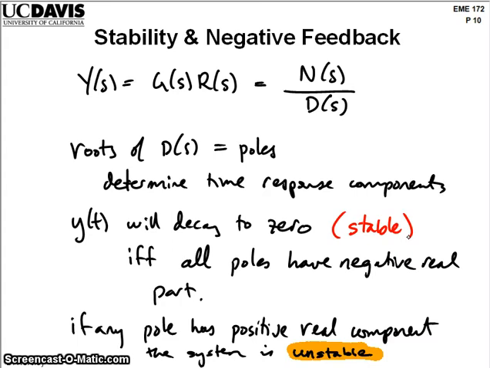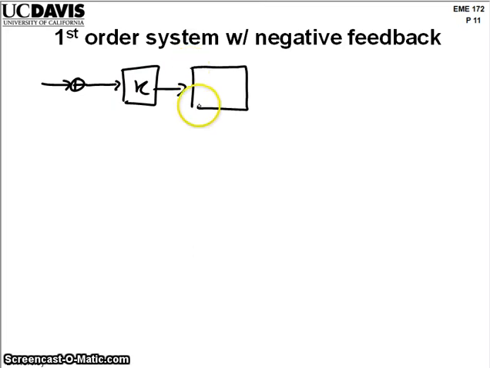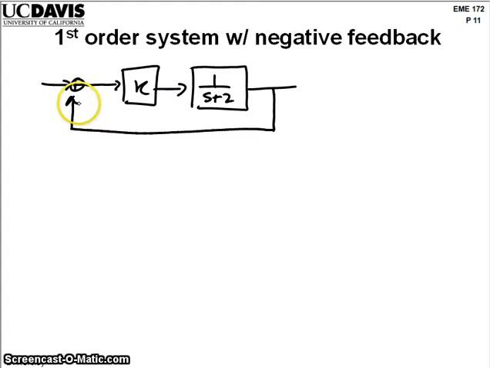So let's look now, just as a quick example, at our first order system with negative feedback. And I'm going to go back to the proportional control system. Okay, so this is the controller. Here's the plant.